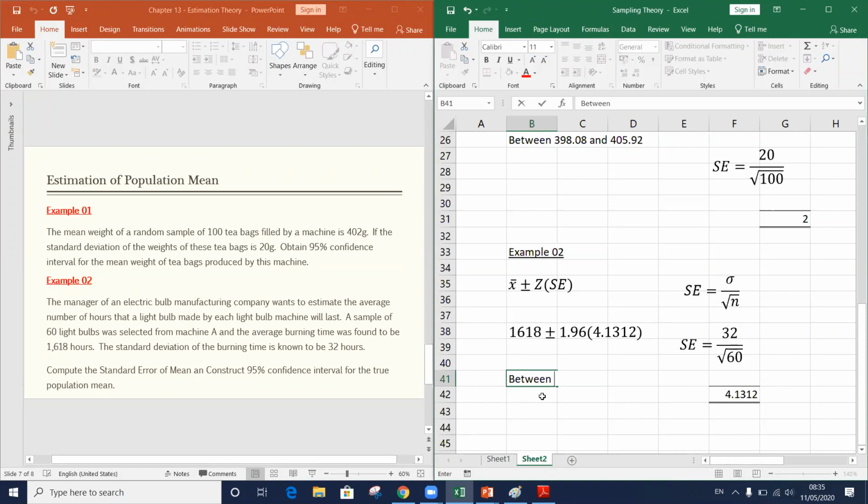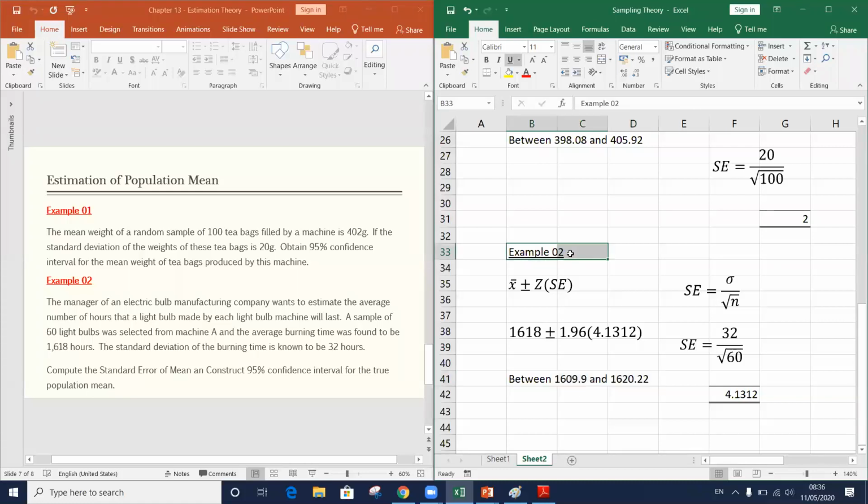From that 1618, we can deduct that one. 1609.9 and අනිත් පැත්තට කීයද? 1.96 into 4.1312 plus 1618, 1626.1. එහෙනම් 95ක confidence එකකින් අපිට කියන්න පුළුවන් population mean එක තියෙන්නේ මෙන්න මේ range එක ඇතුලේ. Right?